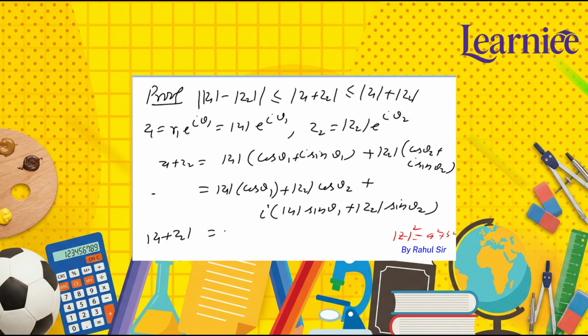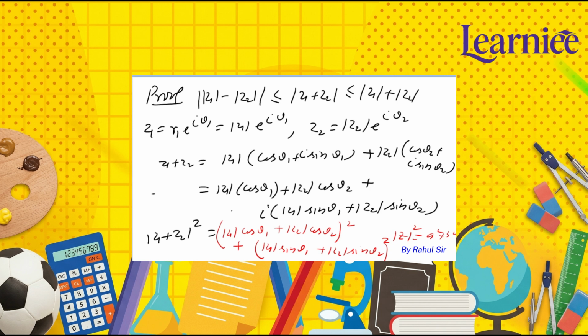So it will be mod z1 cos theta 1 plus mod z2 cos theta 2, squared, plus mod z1 sin theta 1 plus mod z2 sin theta 2, squared.